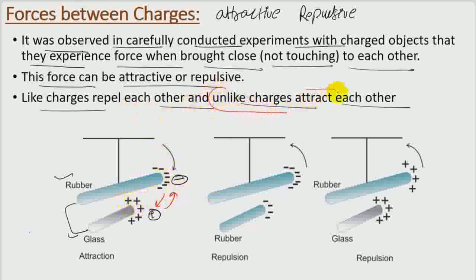One is positive, the other is negative, so unlike charges attract each other. You understand from this first example. In the second example, a negatively charged rubber rod is brought closer to another negatively charged rubber rod. What happens here? Both repel each other. Okay, thank you.